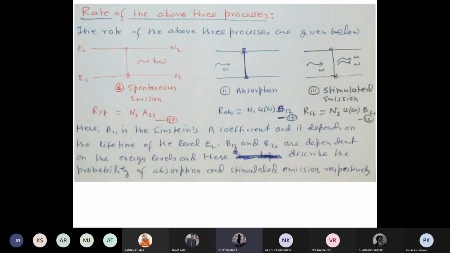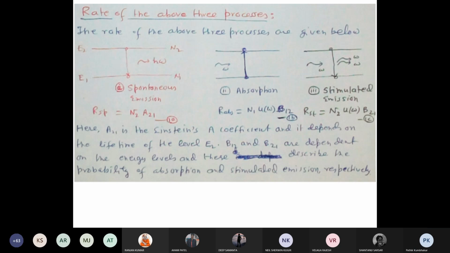Yes, sir. And sir, one more question. In spontaneous emission, the excited atom in the N2 level will come back to the N1 level emitting an h nu energy photon. But what if the excited atom in N2 was also stimulated by some photon incident on it? When it comes back to the N1 state, what kind of emission will we call it?